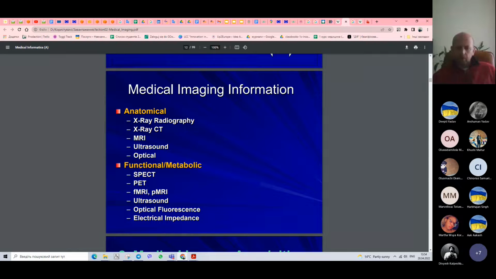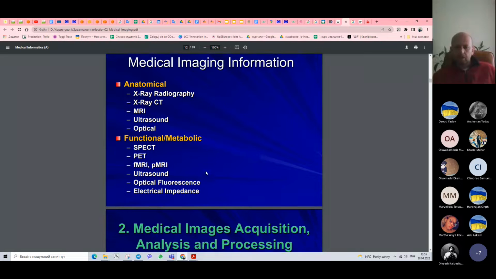To study functional metabolic processes there is spectral analysis, PET. All this equipment also uses ultrasound, optical fluorescence, and electrical impedance.